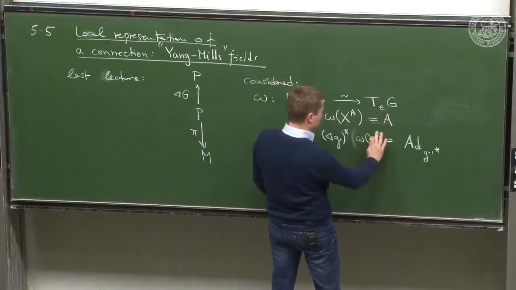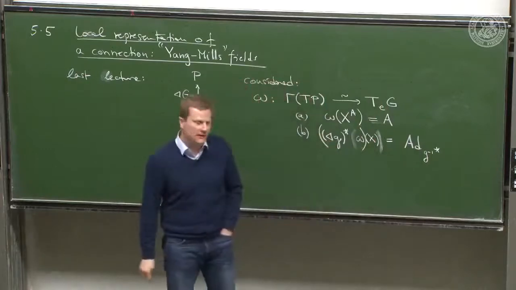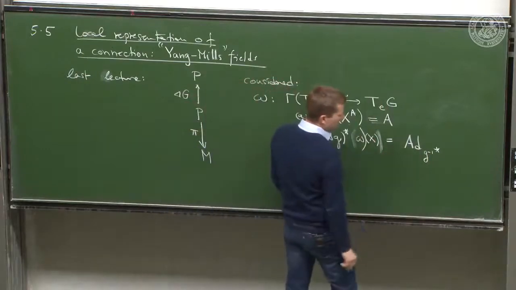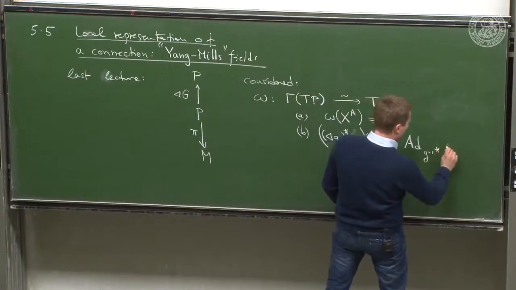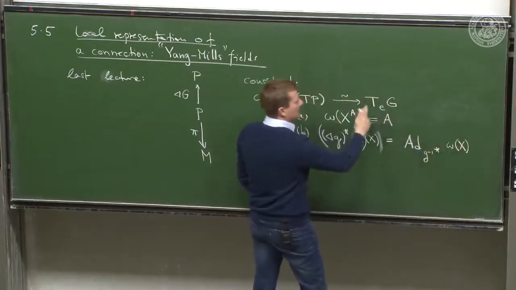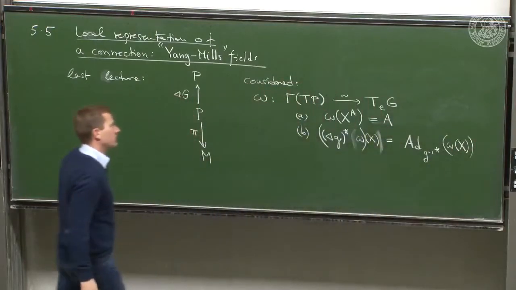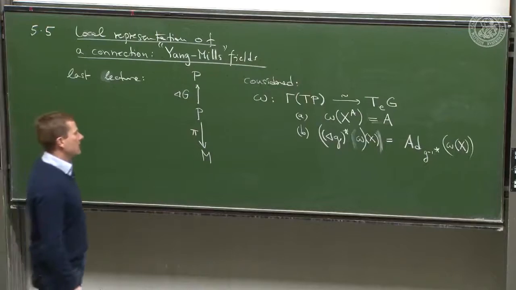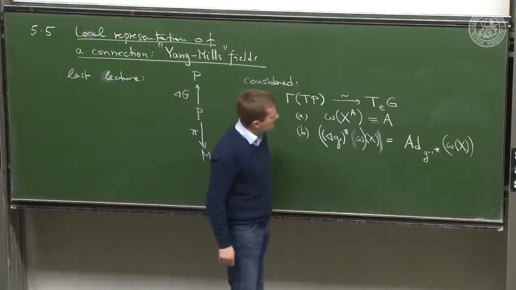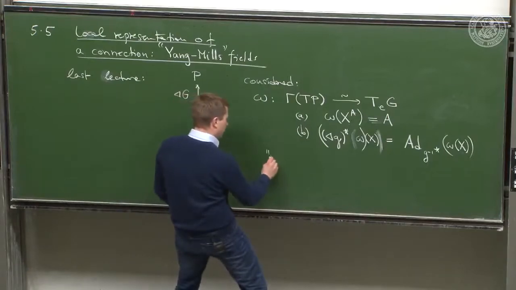I'm sorry, these brackets are wrong. So you pull back the form and then you apply it to an X. And this is the Ad_{g^{-1}} push forward of omega. You first apply the X, so the result is a Lie algebra element. And on that, of course, the push forward of the adjoint map at g inverse can act. So this was a connection one form.